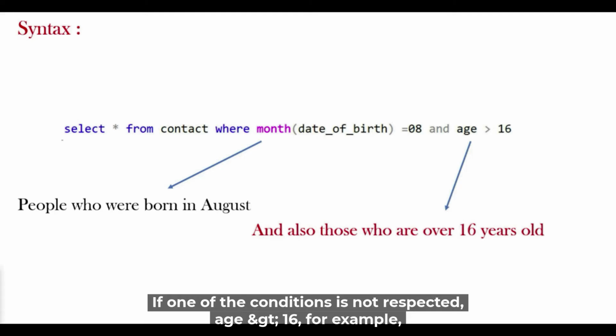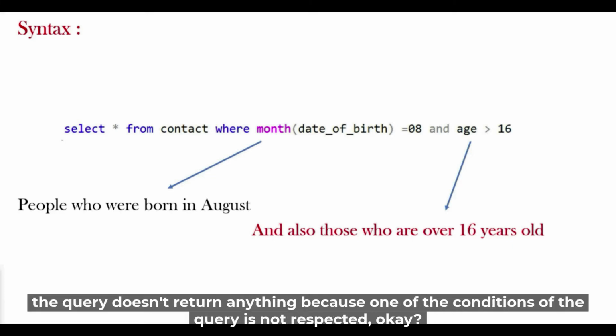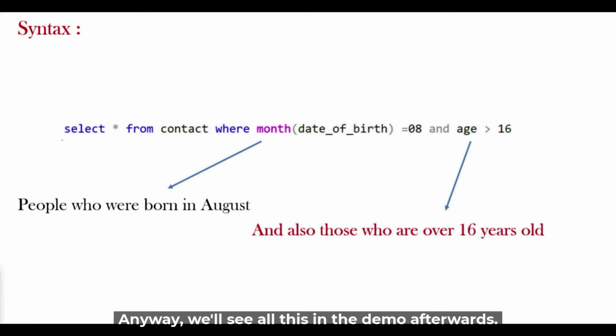If one of the conditions is not respected, for example age greater than 16, the query doesn't return anything because one of the conditions of the query is not respected. Okay? Anyway, we will see all this in the demonstration afterwards.